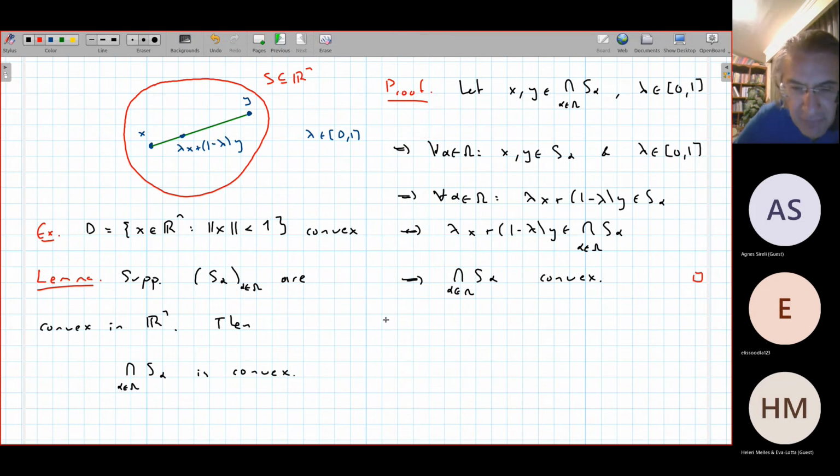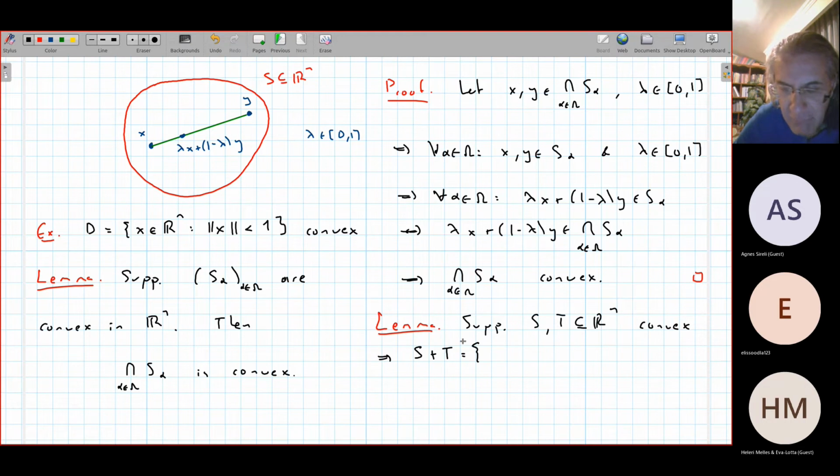And I'm going to give you a result for you to prove. This is also fun. So this is a lemma also. Suppose that you have S and T, which are convex. Then you define the sum of both sets as this set. It turns out that then the set is also convex.